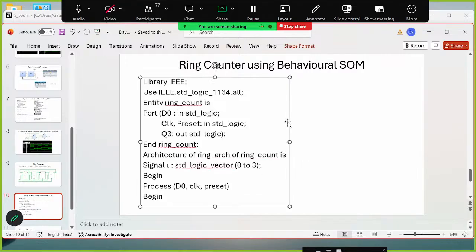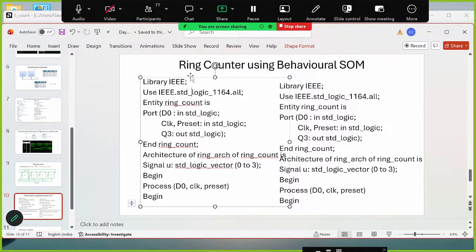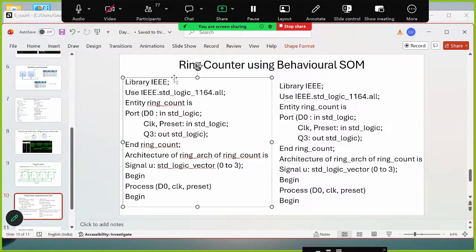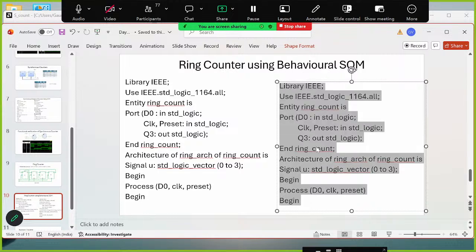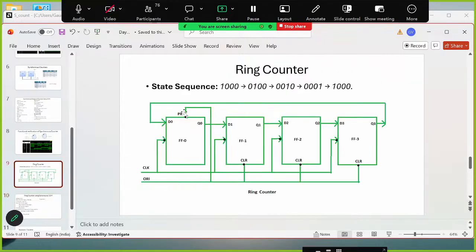Let me copy this. Now after that, what should I write? I have to write if preset equal to 0, since preset is active low.